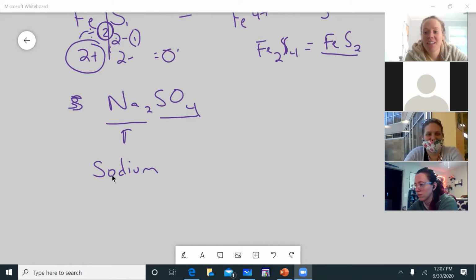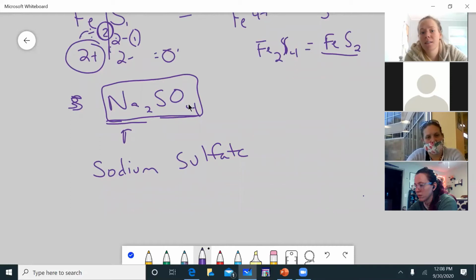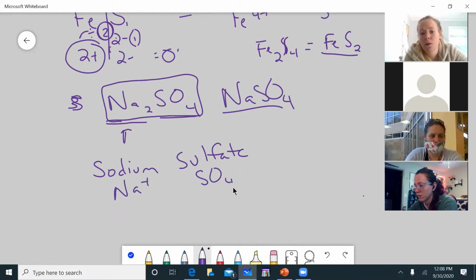So as far as naming is concerned, sodium, we don't need a Roman numeral, and this hunk of atoms here is known as sulfate. That's its name. Sulfate. Why did I write the formula like this instead of, say, like this, NaSO4? That's incorrect. Sodium has a plus charge, sulfate, SO4, 2 minus charge. I need 2 sodiums for every 1 sulfate. Okay, that's why I wrote it that way.